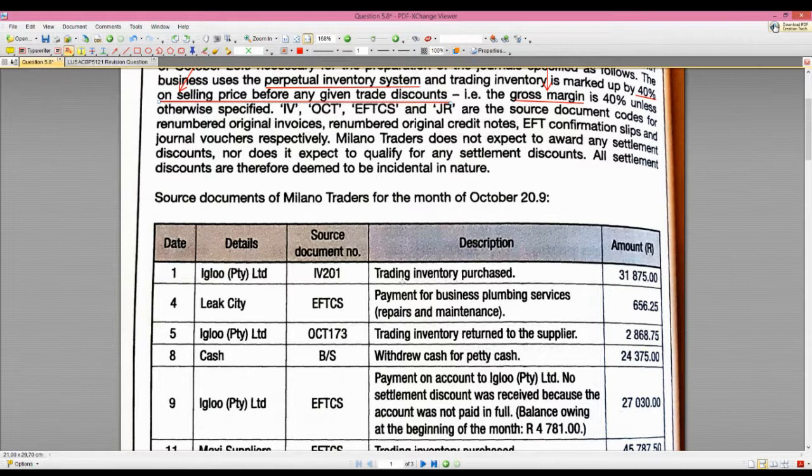So the first one is actually your creditors journal. Now, in your test, they will generally give you something a bit clearer so that it's easier to identify which one's on credit and which one's on cash. So the first one goes to your creditors journal.